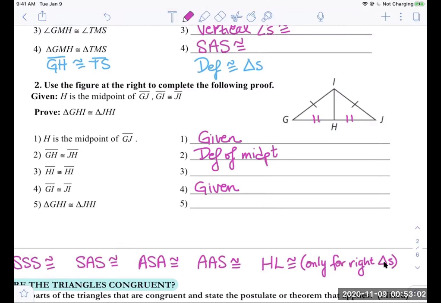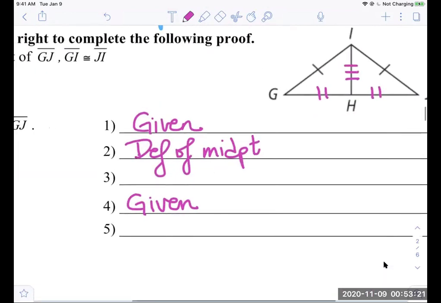HI is congruent to HI. What's the reason for that? Well, it's a shared segment between the two triangles, but I know that you know that if I wrote segment HI is congruent to segment HI, you would know that that is reflexive, right? That is the reflexive property of congruence.